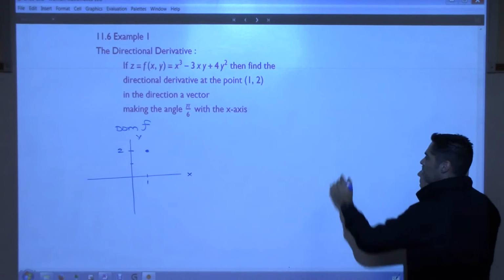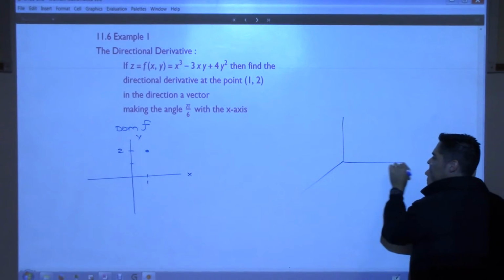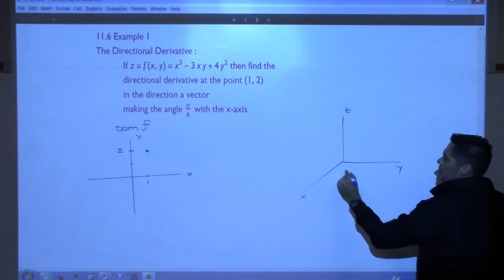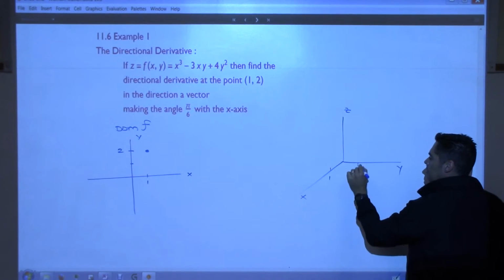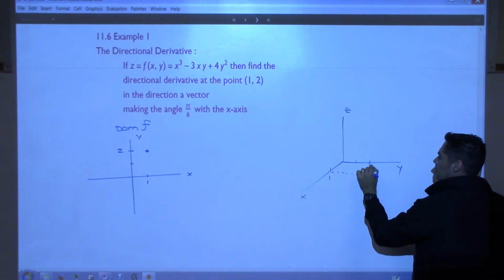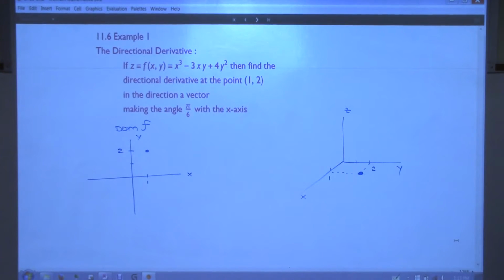So three-dimensionally, it looks like this. Here's x, here's y, here's z. Going out 1 on x, 2 on y. So something like that, right? That point. Agreed?